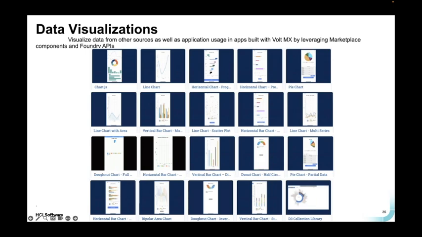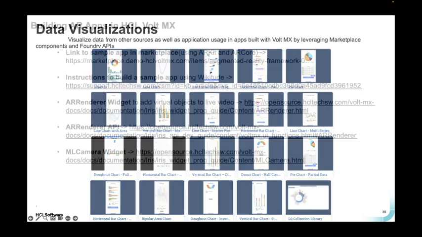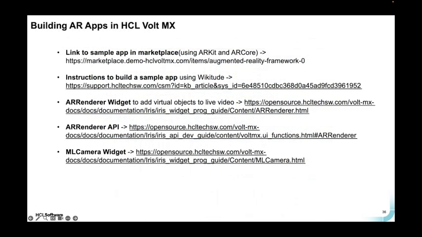Now, we looked into a lot of content, and there are samples for a lot of things that I showed, like how to build an app for ARKit, and the sample that I showed is also already there.